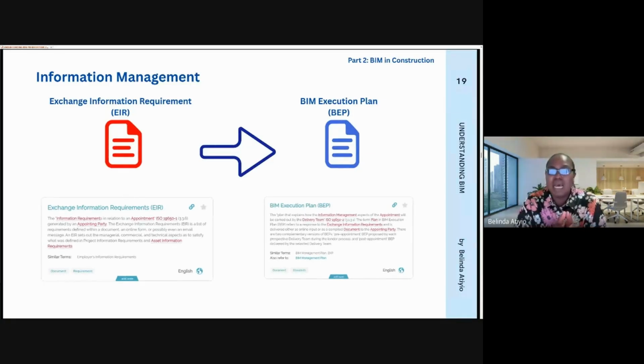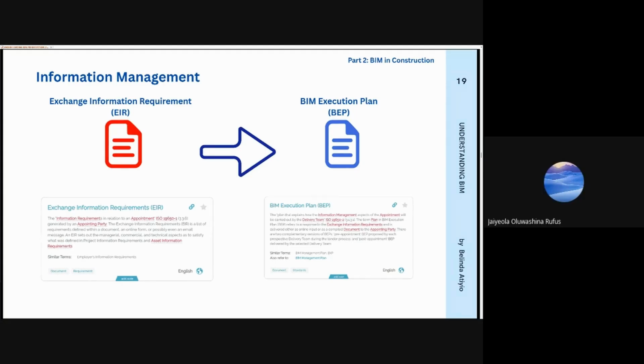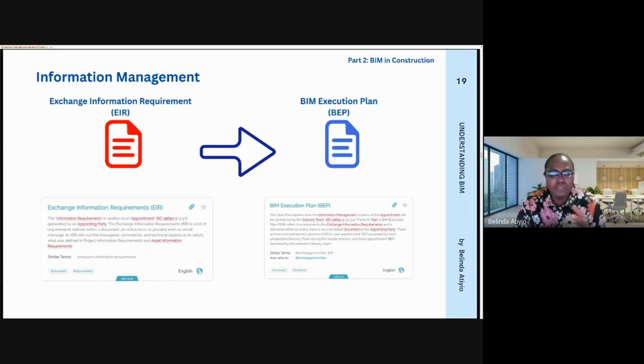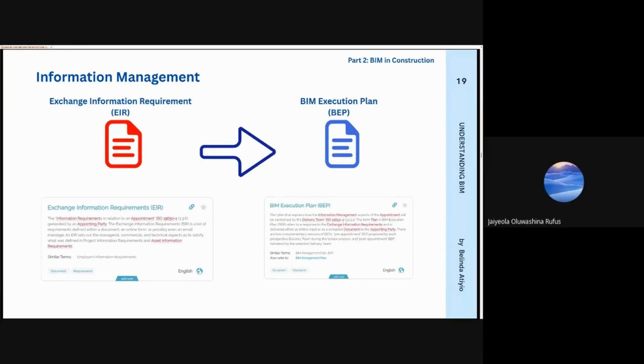That document would have so much information that he wants you to return to him with answers to. The document is going to have information about project location, the coordinates of the project. It's going to have information on what type of technology you are using in terms of software, hardware, and different versions of these software and hardware. There is a lot of information.